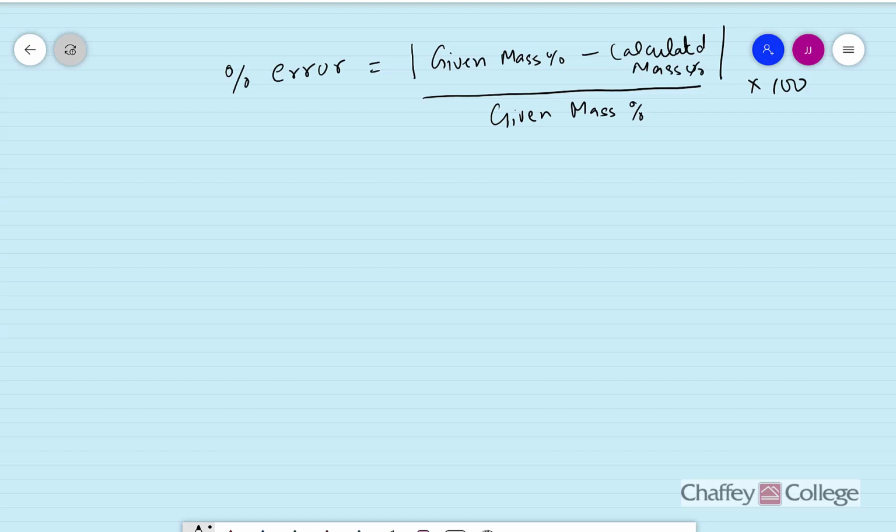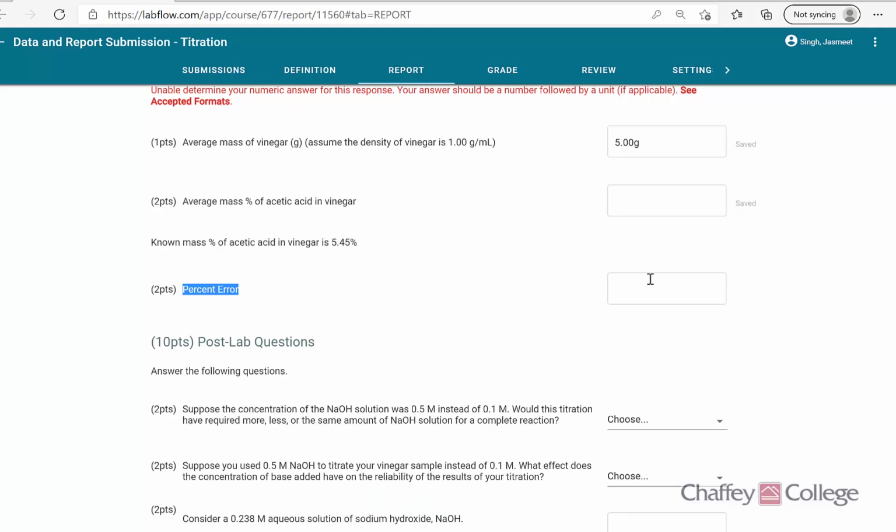In this experiment, the given mass percent of acetic acid in vinegar is 5.45. So it is given to us, and the calculated value is the one which we will calculate.